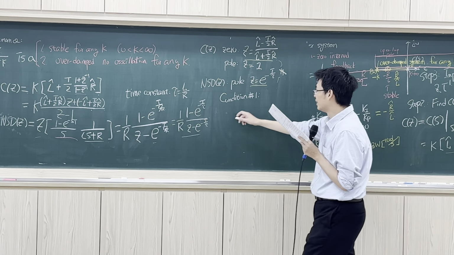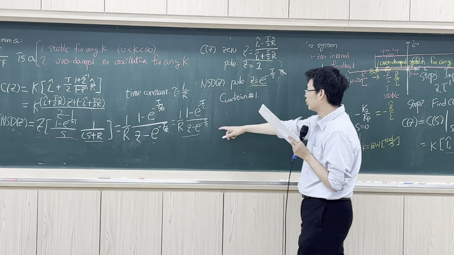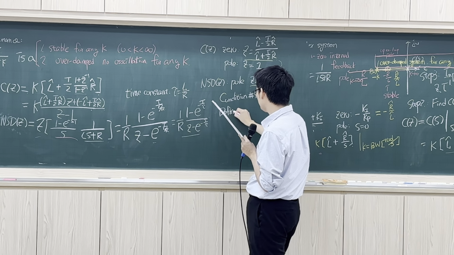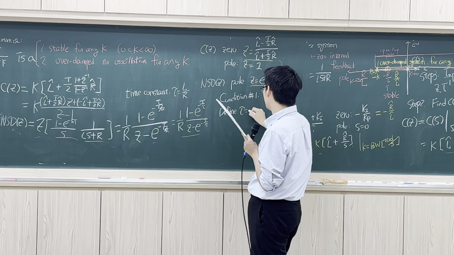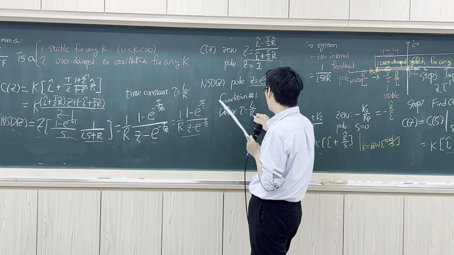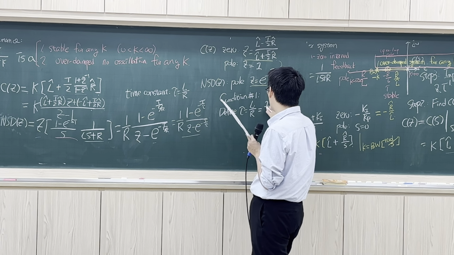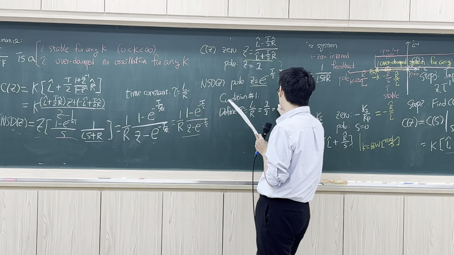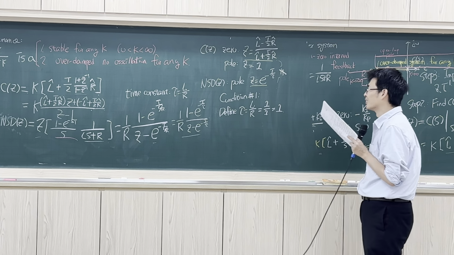On my note, we have two parameters, L and R. So we define tau equal to L over R, equal to 1 over 1, which is equal to 1. It's easy for us to do the math calculation. In this case, L is equal to 1, R is equal to 1. All right, then I define a sample time.